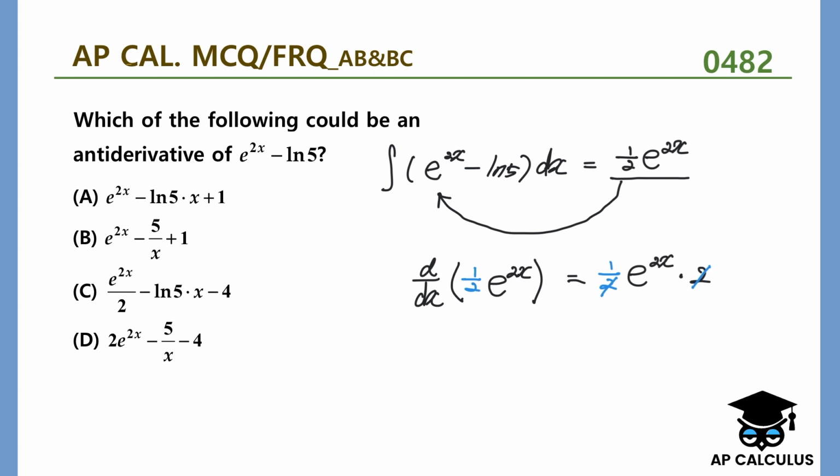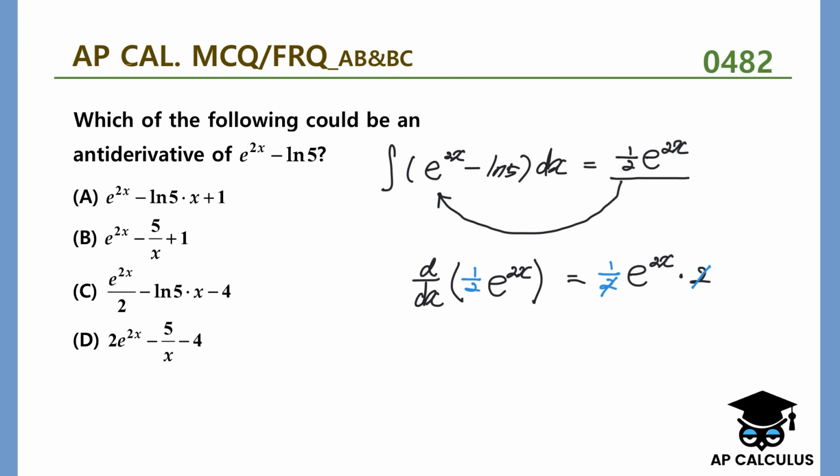So antiderivative of e to the 2x must be equal to 1/2 times e to the 2x. In reverse, derivative of this is equal to e to the 2x, right? Does that make sense? Okay.